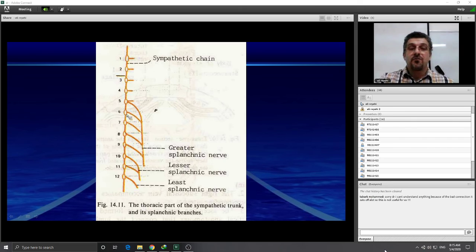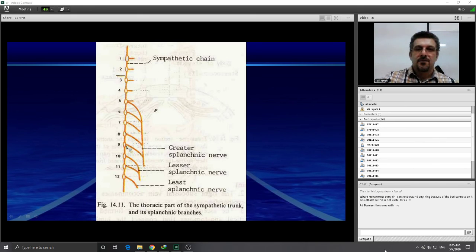from ganglia 5, 6, 7, 8, and 9, branches are given off, and they join together to form the greater splanchnic nerve. Therefore, the material of the greater splanchnic nerve and the other splanchnic nerves is sympathetic. Okay, we've got only sympathetic fibers in these nerves.